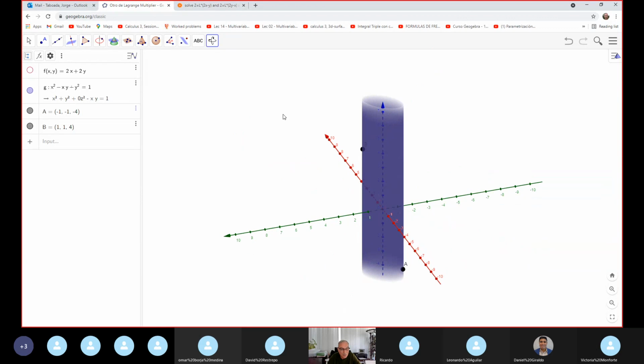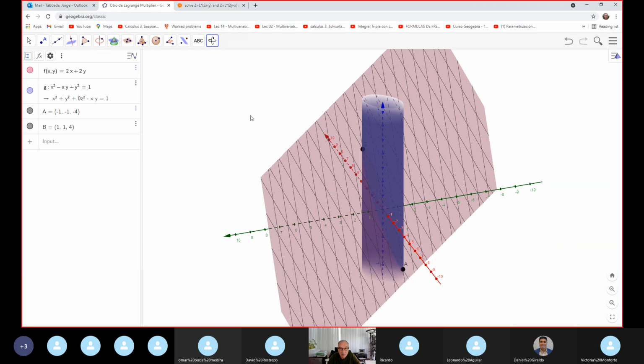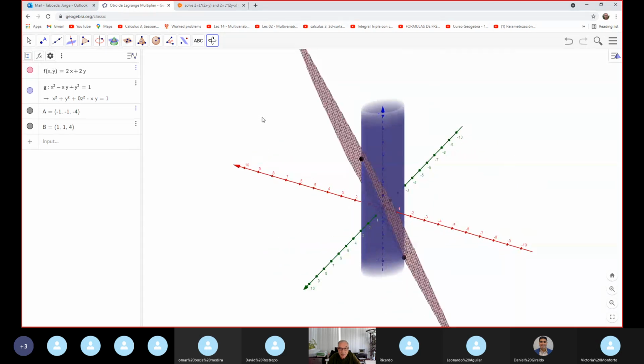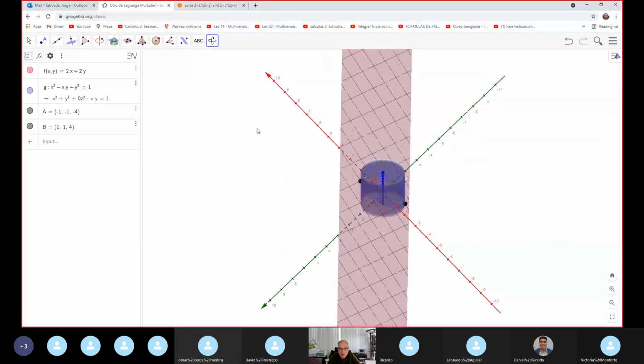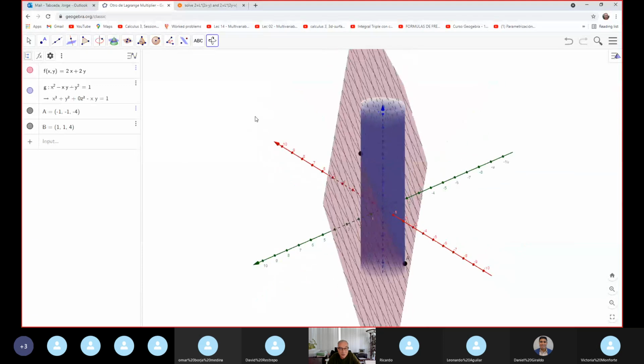And the points that we found belong to both. So it's common between the plane and the cylinder. And you determine that the point (-1, -1, -4), this point A, is the minimum. Look at that, I flash it, the point A, flashing, minimum, and B is the maximum.